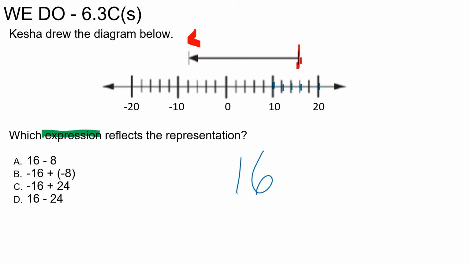Now, our sign, whether we're adding or subtracting, is going to depend on the direction of the arrow. So we see that the arrow is going to the left. So since it's going to the left, we are going to be subtracting.